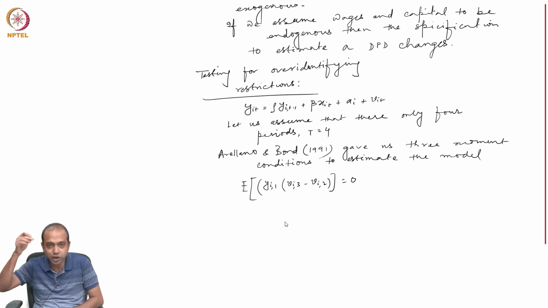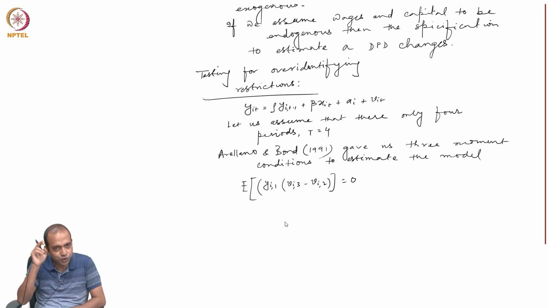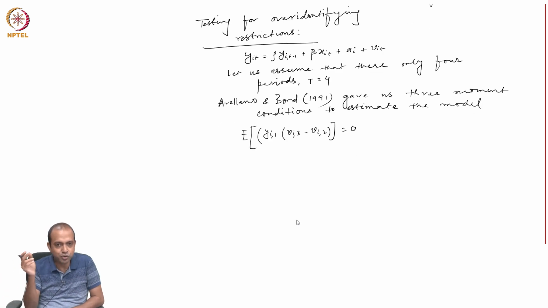When you go to the fourth period, then you will have both y_i2 as well as y_i1. Following Arellano-Bond's logic, y_i,t-2 means 4 minus 2 is 2, so y_i2, and y_i1 is also available because the third order lag is also available in the fourth period. That is why we get moment conditions with respect to y_i1 and y_i2. y_i1 is used for both the third and fourth period, and y_i2 is only for the fourth period.